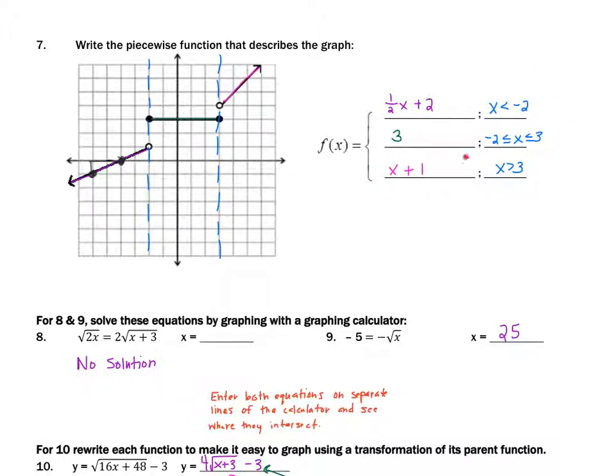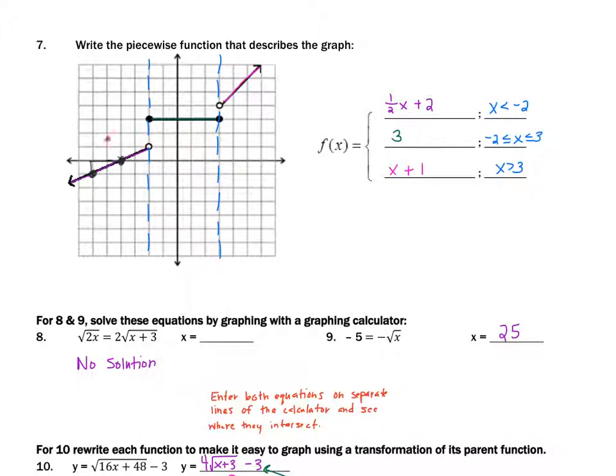Now we need the domain restrictions for each piece. We write these vertical lines where it's clear that it changes from one piece to the other. The first break on the left is the vertical line at x equals -2.